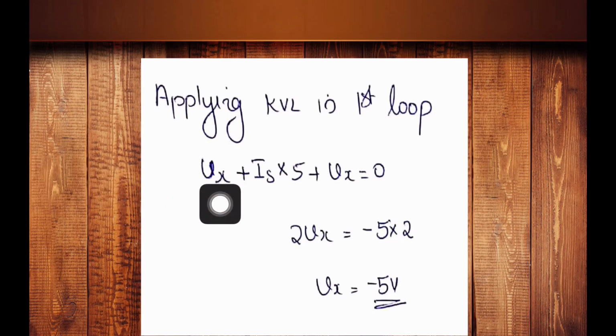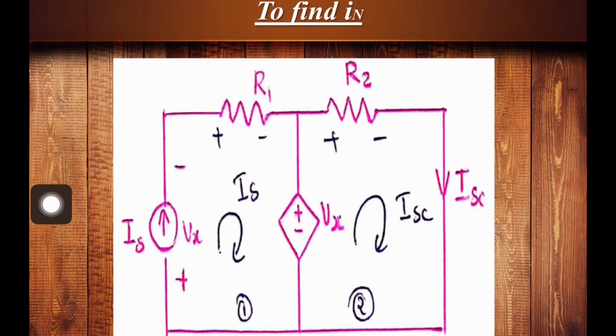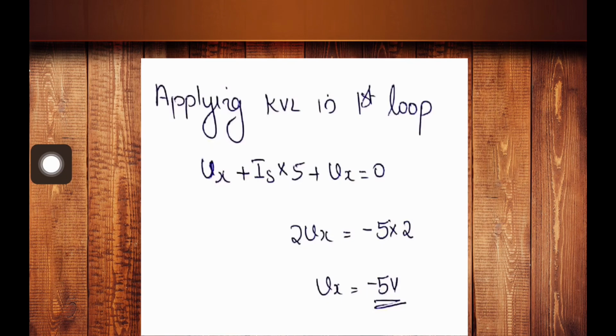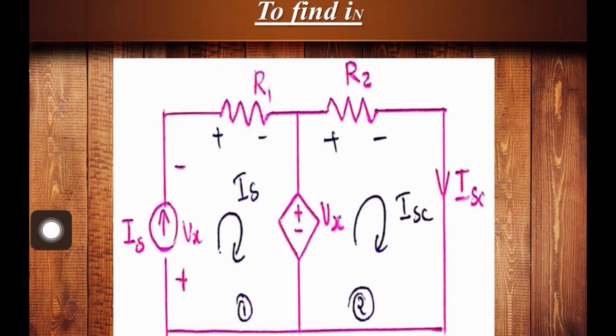So we start our KVL equation with plus Vx. Then the voltage drop across this resistor R1, which is already given in the question as 5 ohm. Correspondingly, the voltage drop becomes IS into 5 with the polarity mark plus minus. So we add the term IS into 5 to our KVL equation. Finally, this dependent voltage source with the polarity mark plus minus.